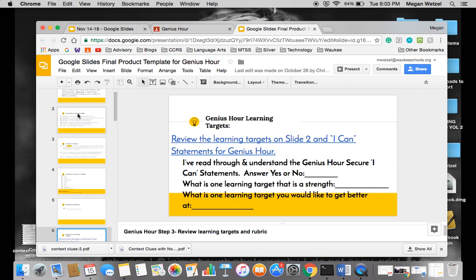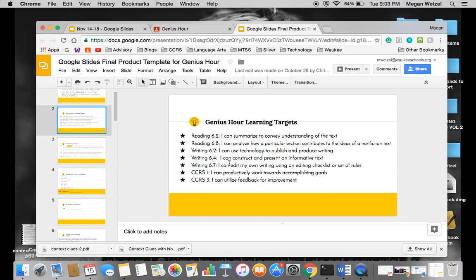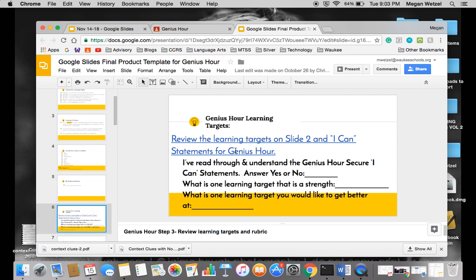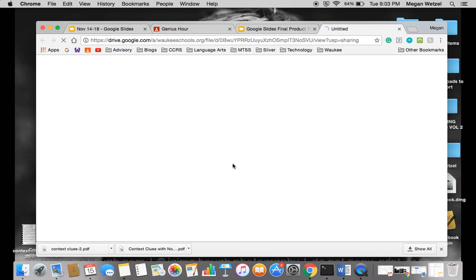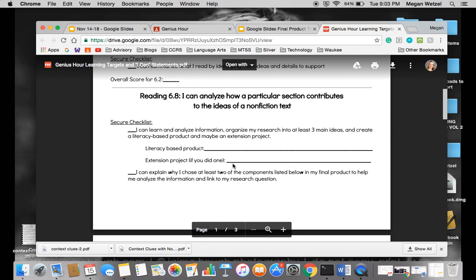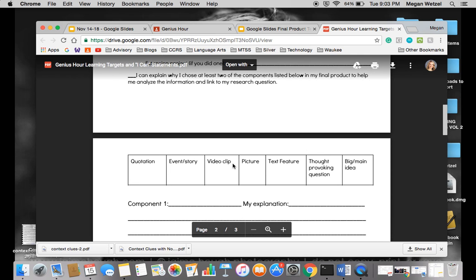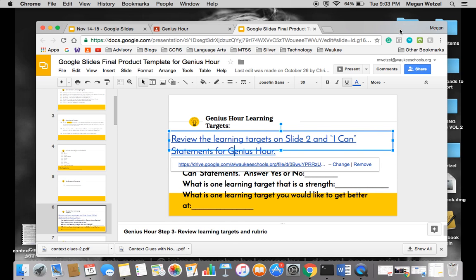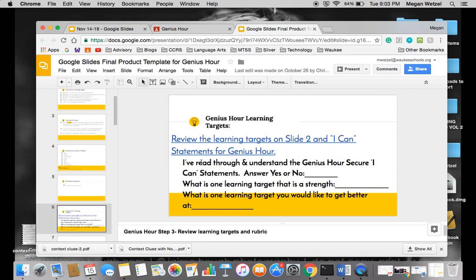So go back to slide 2, you look at these learning targets again, and then you click on this link right here and review the checklist of the learning targets that are covered during Genius Hour. Once you've read through those, you'll write yes here.